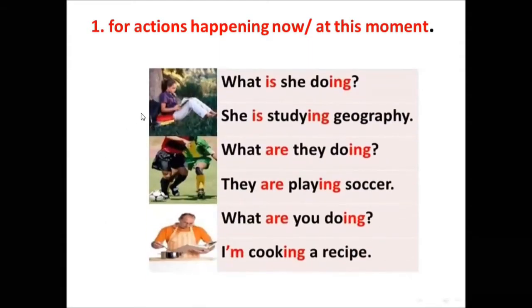For example, this girl, what is she doing now? She is studying geography. And these boys or players, what are they doing? They are playing soccer, and soccer means football. Soccer is American, football is British. What are you doing? I'm cooking a recipe.